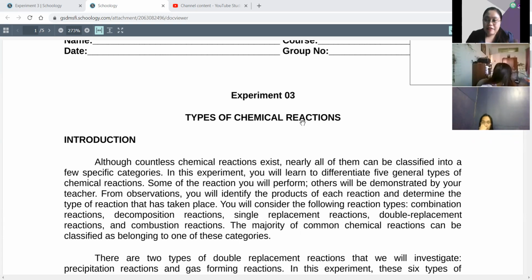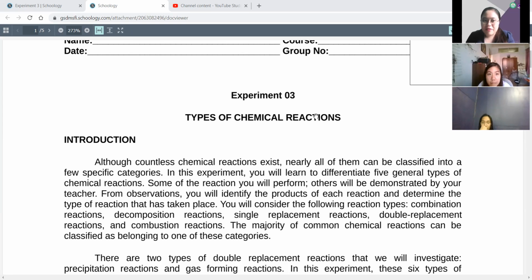And then we have the double displacement reaction also. I believe you can still remember these things since fresh pa sa atin ito, especially sa exam. Double displacement, exchange partners tayo. But do not forget that opposites attract when it comes to chemistry. Dapat positively charged will combine to the negatively charged.